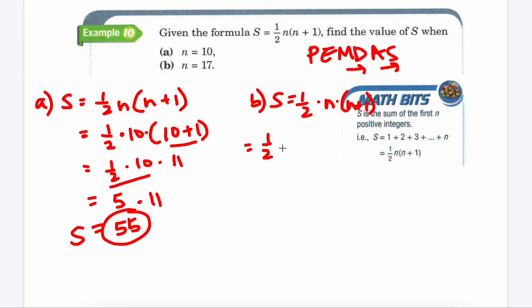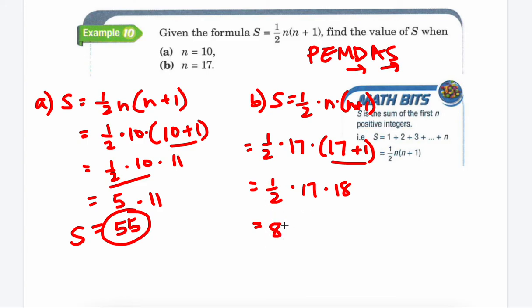S equals 1/2 times, let's see, n is now 17 times 17 plus 1. Okay, so again, I solve what's inside my parentheses first, and 17 plus 1 is 18. Half of 17, well, half of 16 is 8, so this would be 8.5. Let's put 8.5. Half of 17 is 8.5.